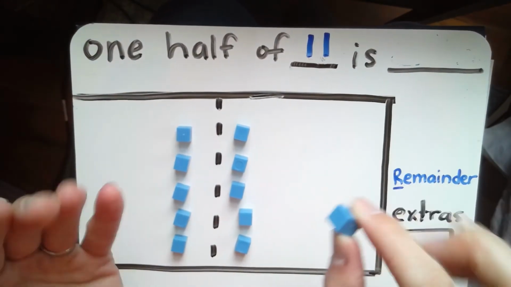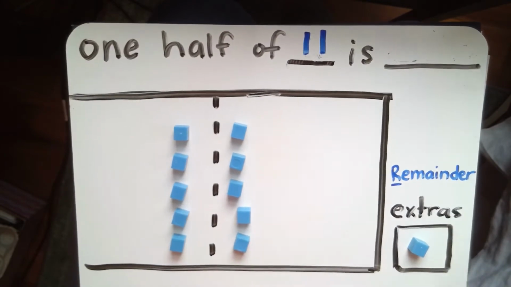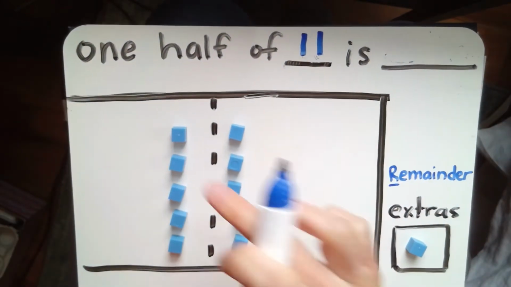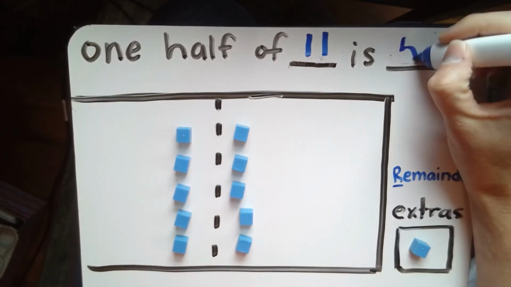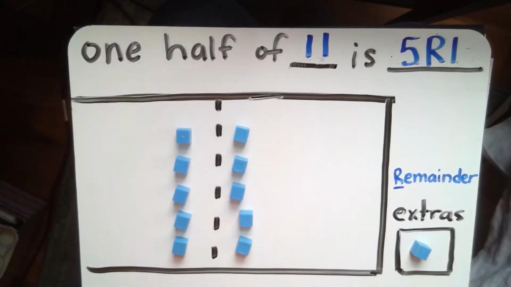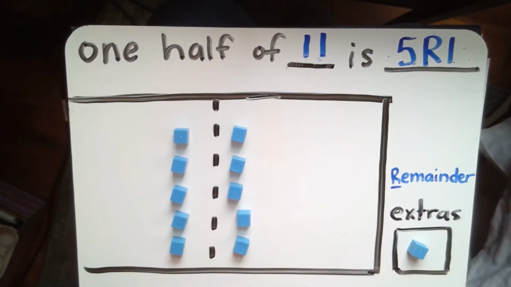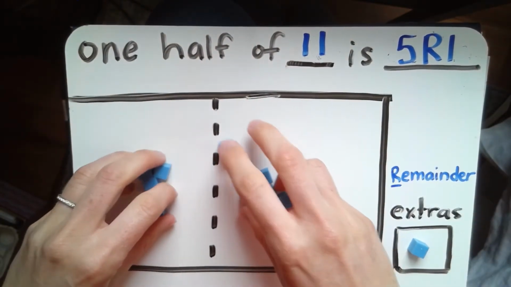It'll mess up the even sides, right? So it goes to the extras. So 1/2 of 11 is 1, 2, 3, 4, 5, with a remainder, uppercase R, 1. 5 R 1. Good.